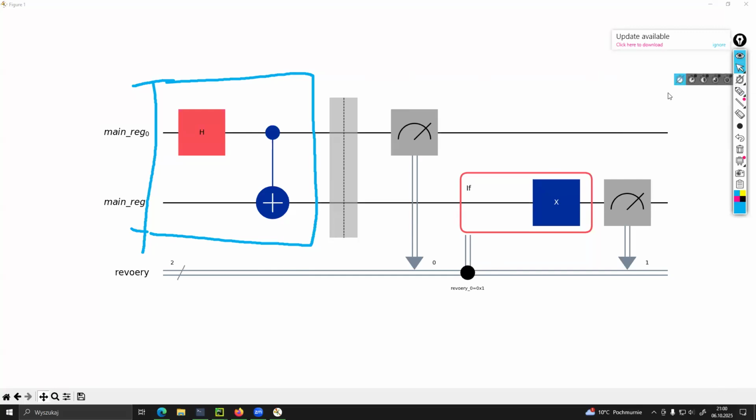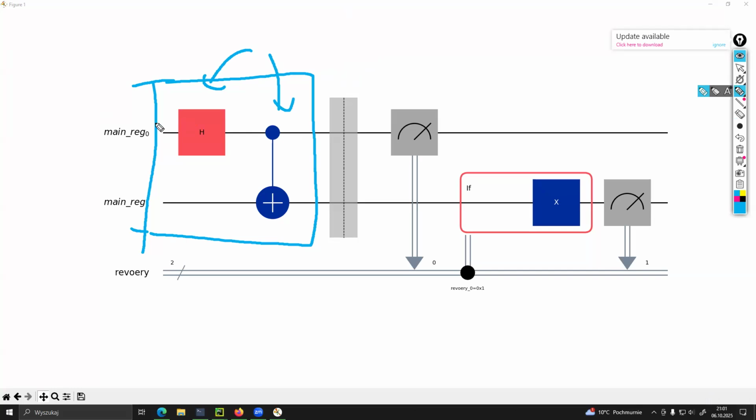What will this part of the circuit do? I wanted to say, what will these two gates in tandem, combined, do? What will be the effect of this?